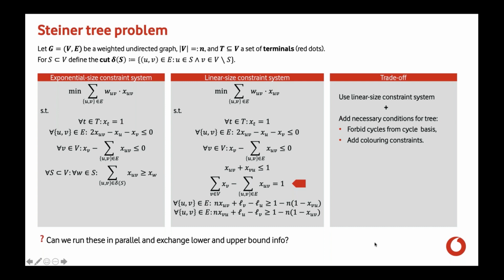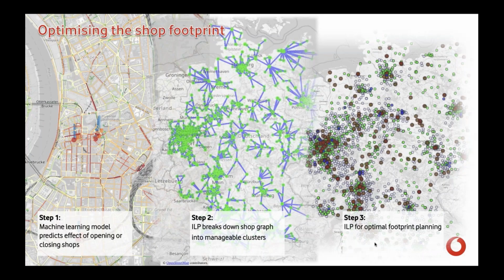So that's how to cast the Steiner tree problem as an integer linear program. And that's kind of the quick introduction to our problem of finding optimal fiber networks.